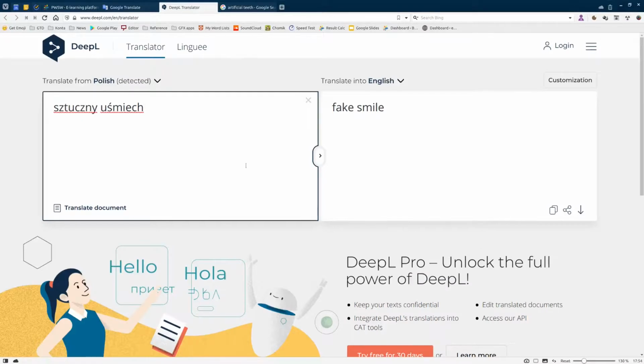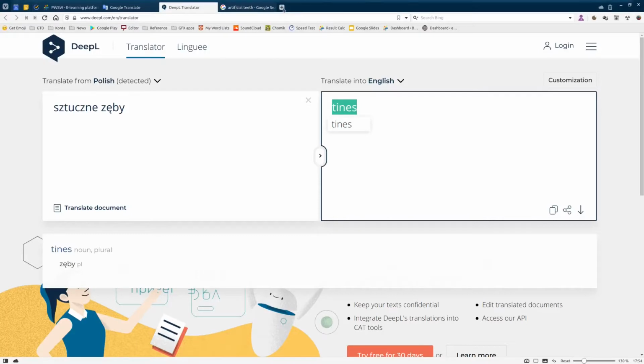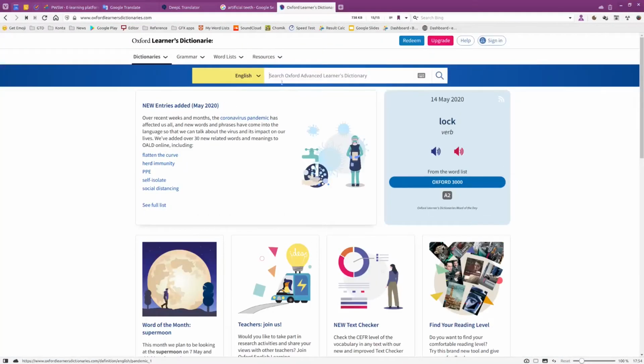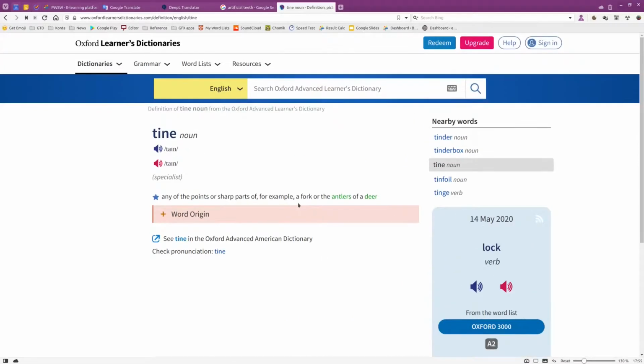Anyway, DeepL gives us this word. And that's odd, because that's something quite different.